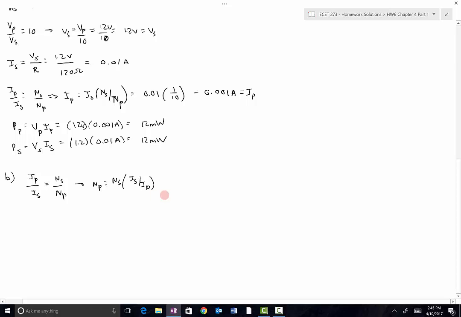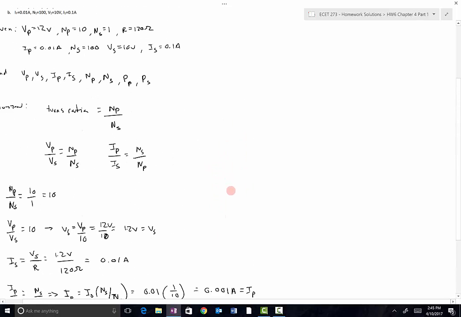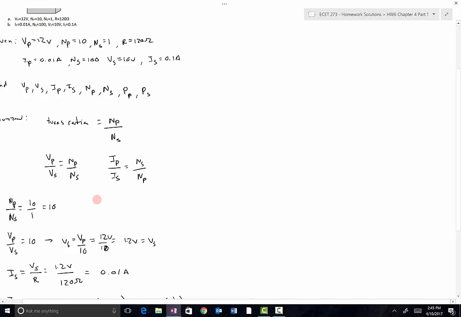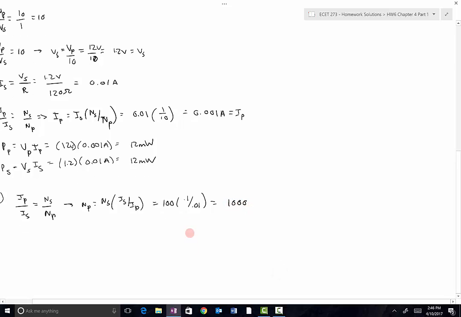So the number of turns in the primary is going to be equal to the number of turns in the secondary, which we see up here is 100, multiplied by IS over IP, which is 0.1 divided by 0.01. So that's 100 times 0.1 divided by 0.01, and we get 1,000 turns in the primary side.